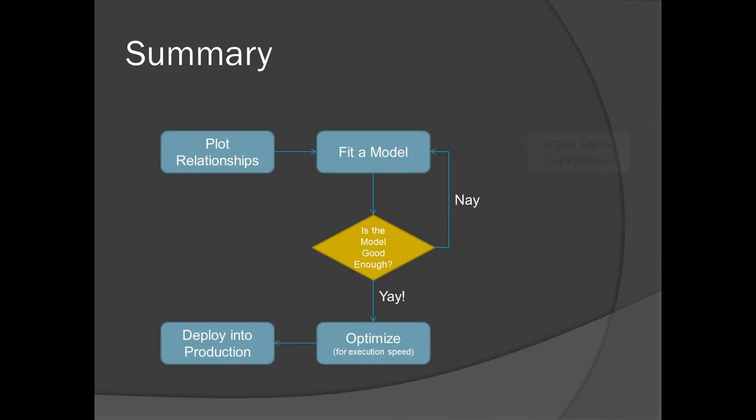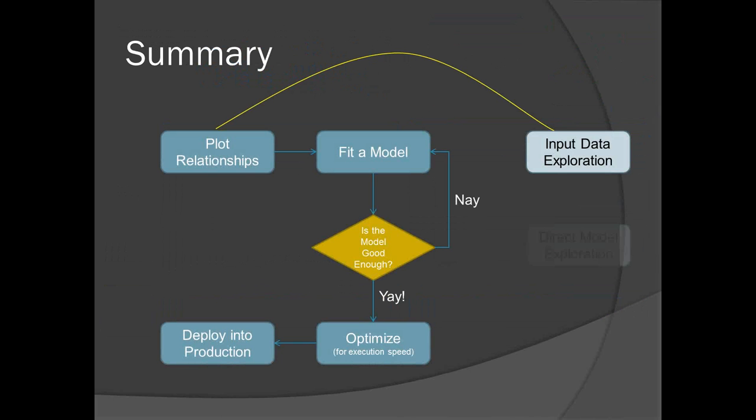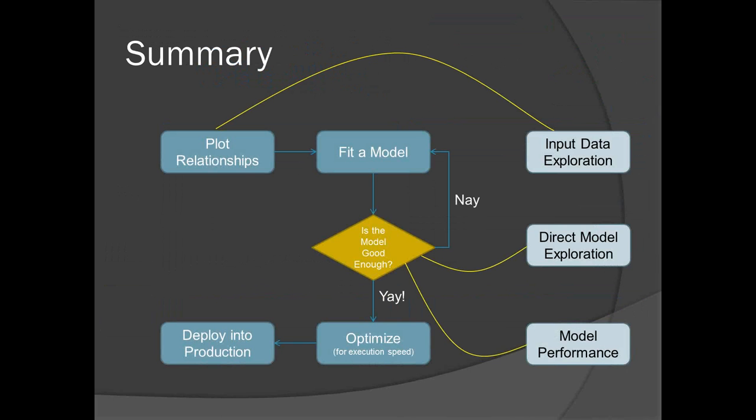So as a summary, we covered this loop from plotting relationships to fitting a model. Luke talked about the input data exploration. I talked about the direct model exploration and some of these performance evaluations. And the important point, I think, was that if we want to understand the composition of the model, and why it's doing certain things, it is instructive to look inside under the hood.